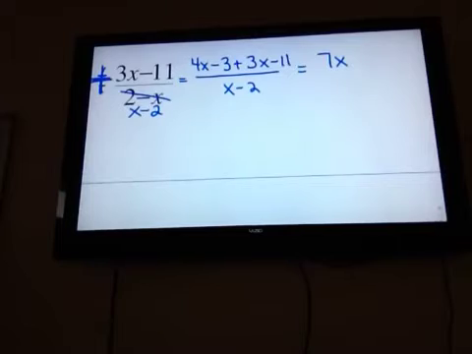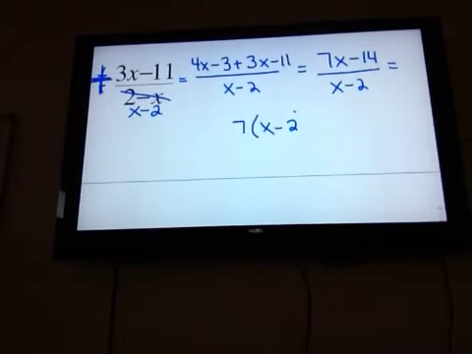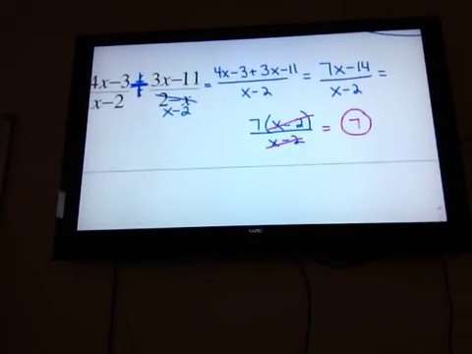Minus 3 minus 11 is minus 14. Factor, if you can, and I can. I can take out a common factor of a 7. And I'm left with x minus 2. So now again, now we're back to goal 5-1 when we start this part. And then I reduce if I can, and I can. My x minus 2's cancel completely. And I'm left with just 7.